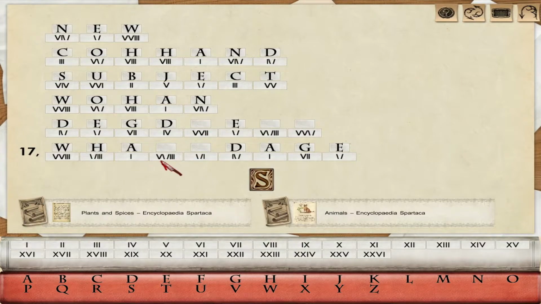So this would be 28. Wait. 18. Where did I get the 20? 18, obviously. So it would be R. And 6. 22. 25.